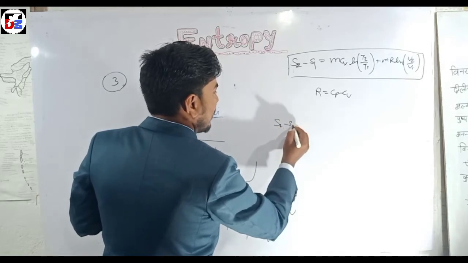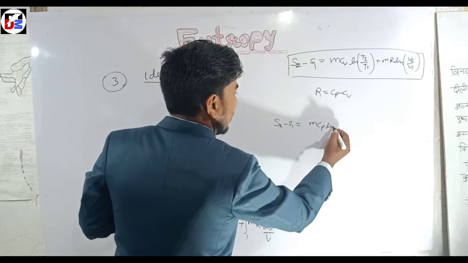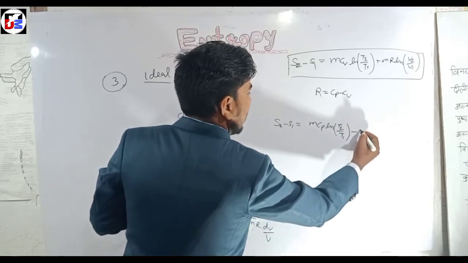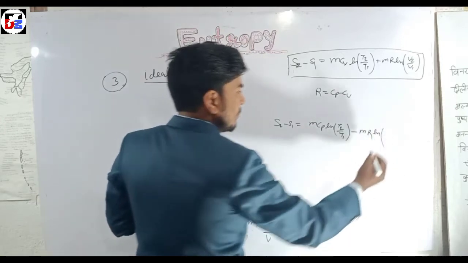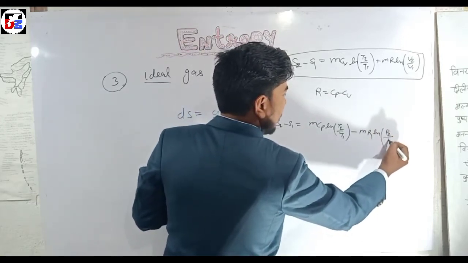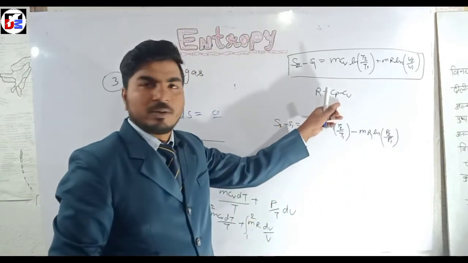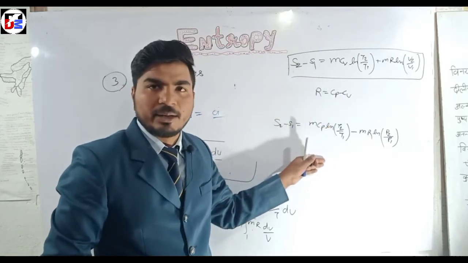S2 minus S1 is equal to m Cp ln T2 upon T1 minus m R ln P2 upon P1. We put R is equal to Cp minus Cv, then we get this result.